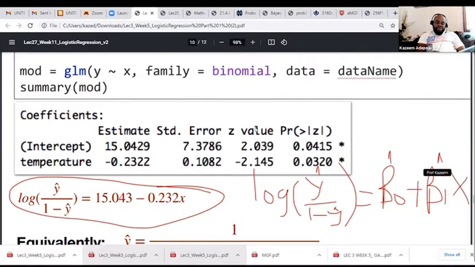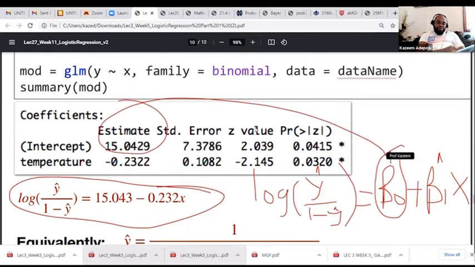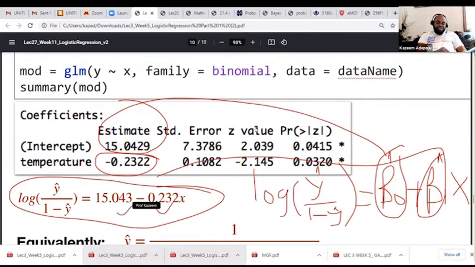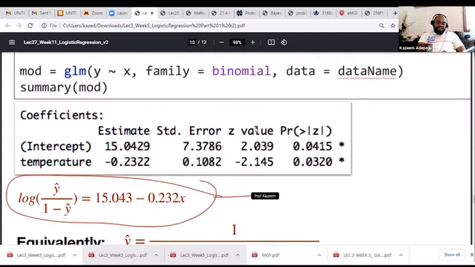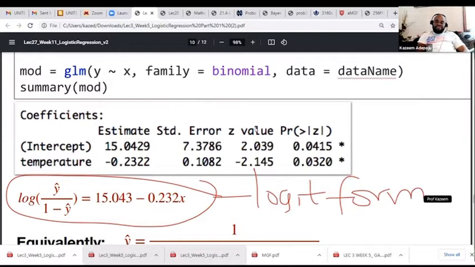Your beta naught is the one that you pick from here, and your beta 1 is that one. When you put that in the model, this is the logit form of the logistic regression model.